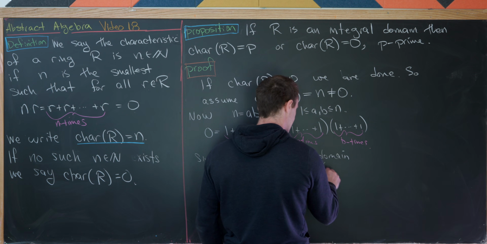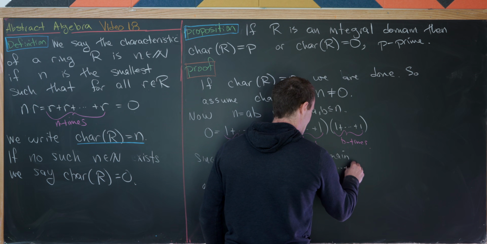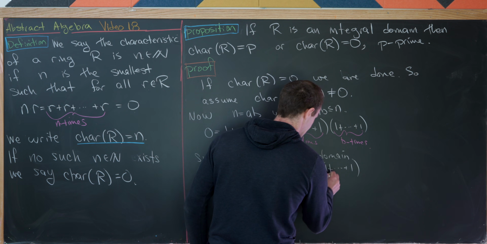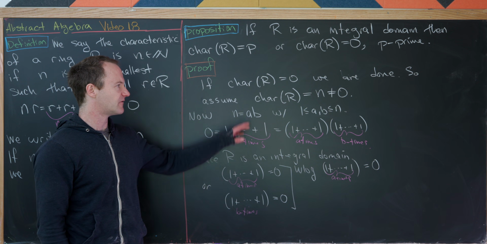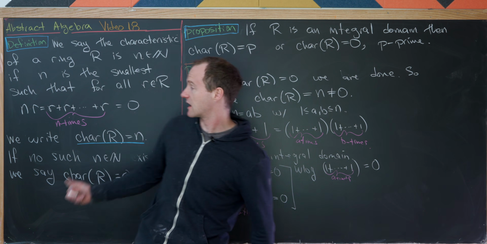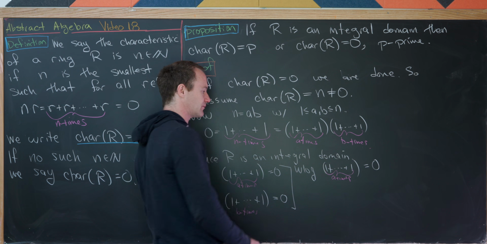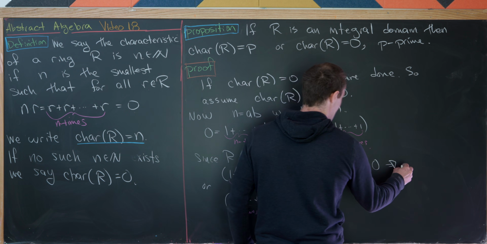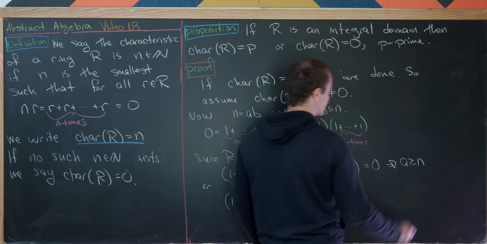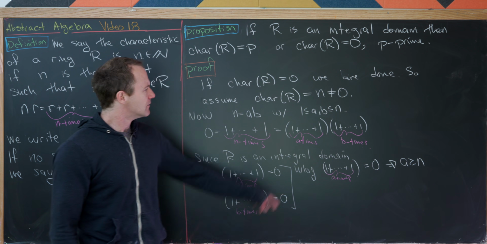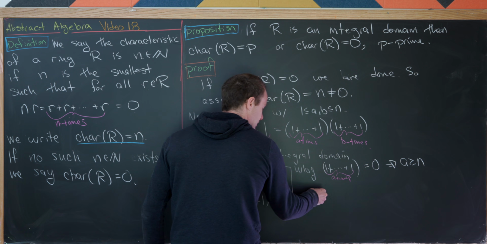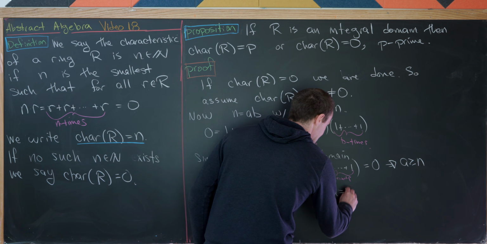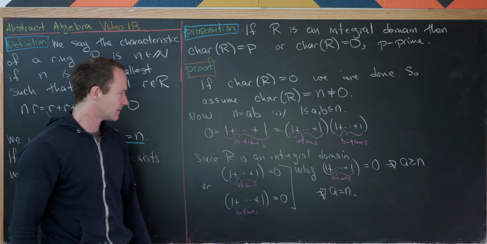Without loss of generality, say that 1 added to itself a times is equal to 0. But then, by the fact that n is the characteristic and the characteristic has this minimality property, a is bigger than or equal to the characteristic. But notice we have a is less than or equal to the characteristic here. So putting that together, a is equal to n.